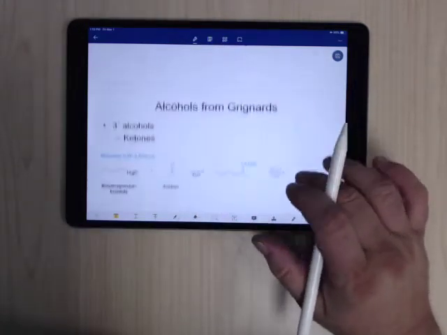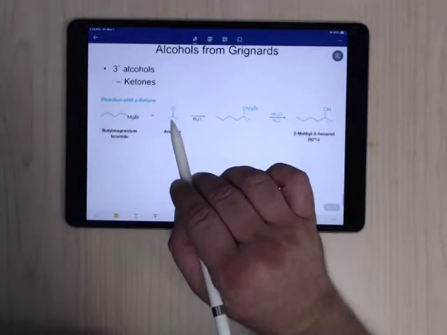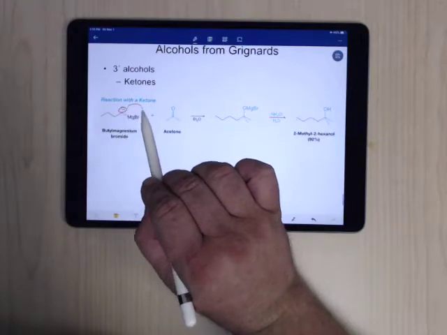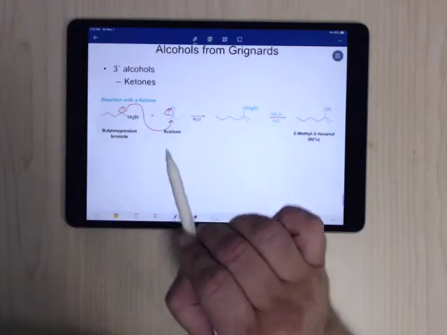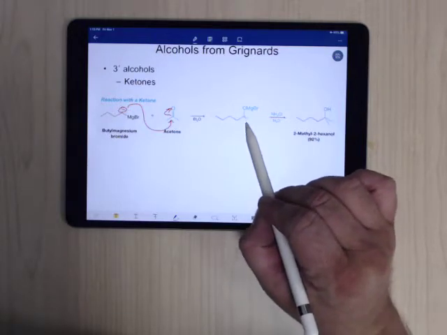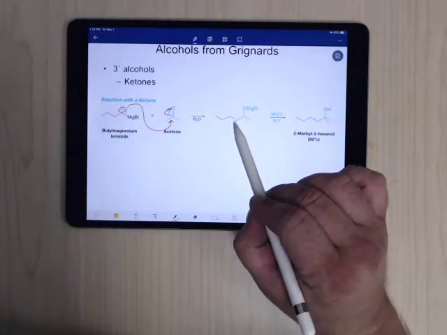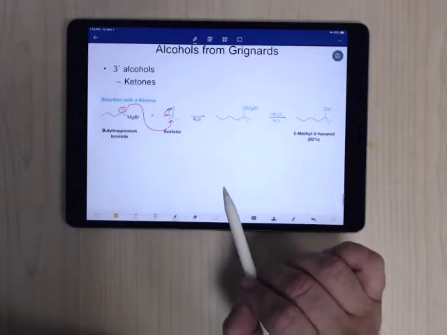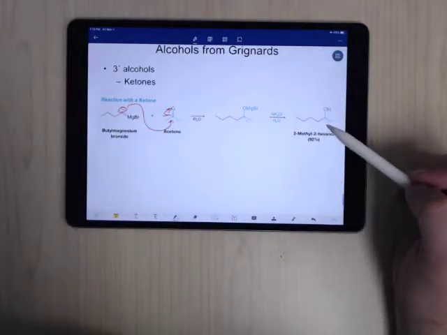If you wanted to make the tertiary alcohol, then you're going to need a ketone. So again, attack there, kick this up, but you already have those two carbons hanging off of that one. You're adding a third carbon-carbon bond at that position, so you're going to end up with the tertiary alcohol.